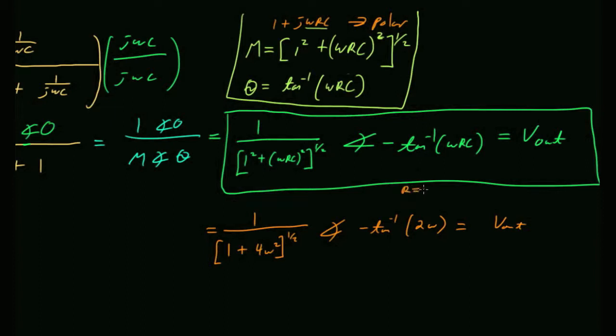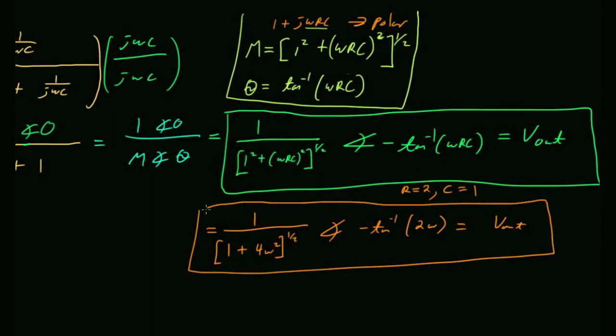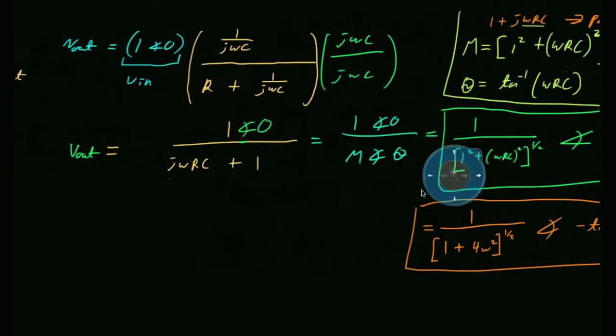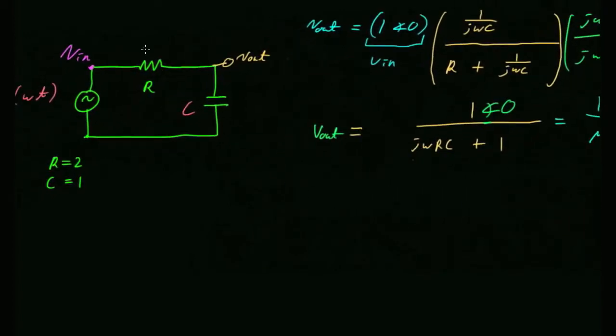Yes, sir? Is that only negative when you're dealing with a capacitor? Actually, no. If we switched the capacitor and the resistor, you'd have had a positive, believe it or not. I don't know, it just works out.